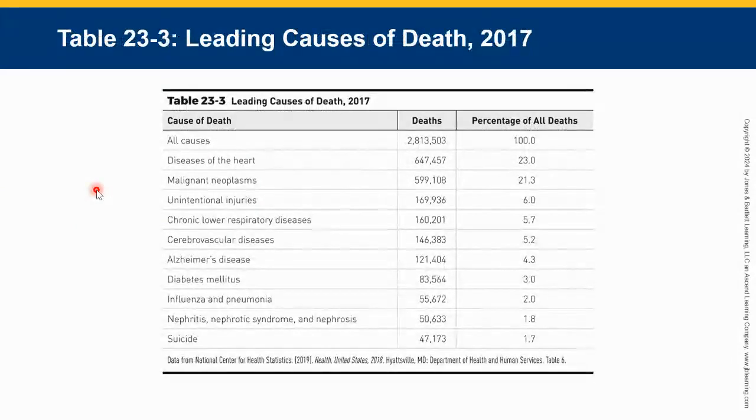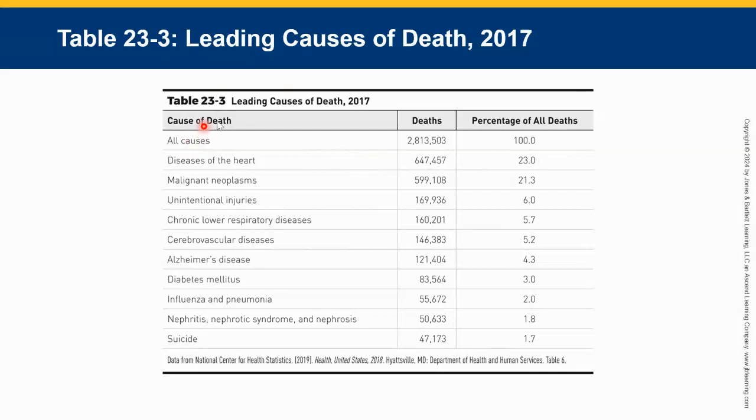These are the leading causes of death. In 2017 this was done, but this still holds true currently. Environmental health and public health both are very instrumental in reducing the risk of infectious disease.